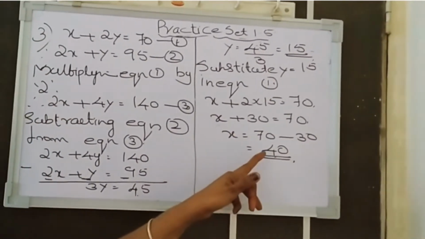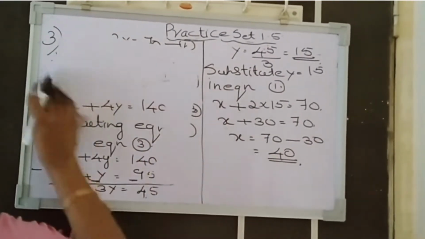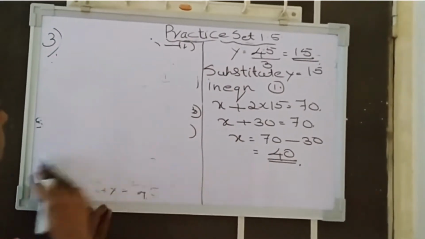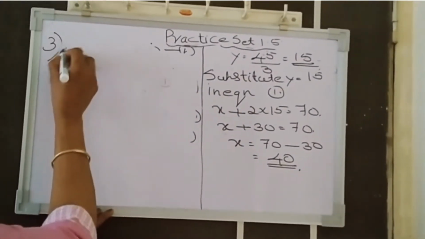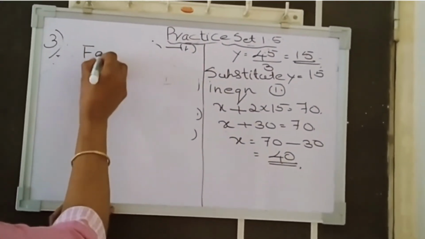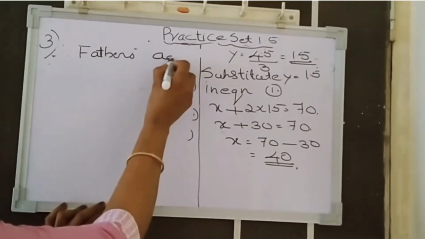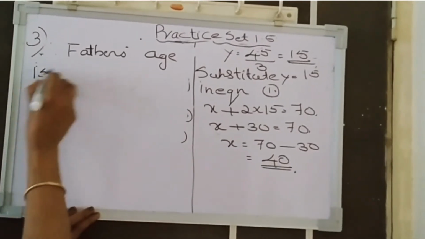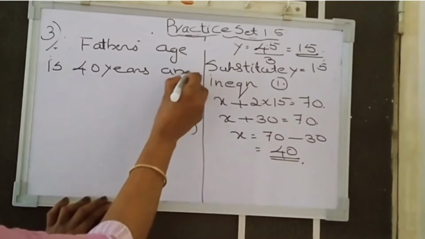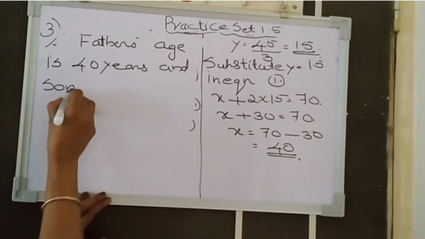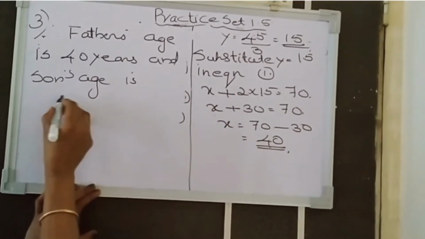Father's age x is equal to 40 and y we got it as 15. Therefore, write: father's age is 40 years and son's age is 15 years.